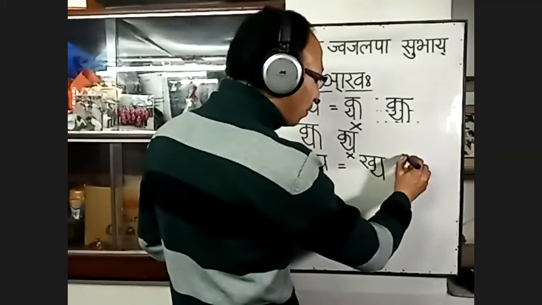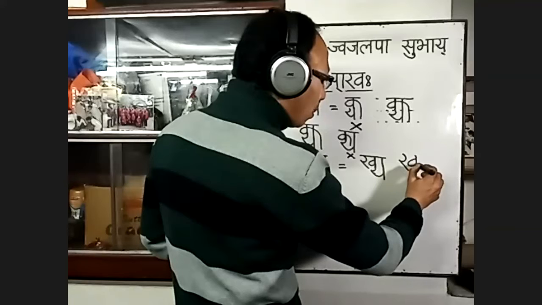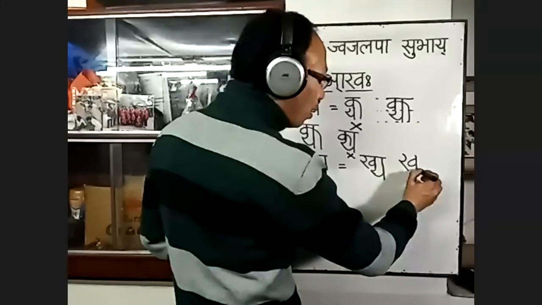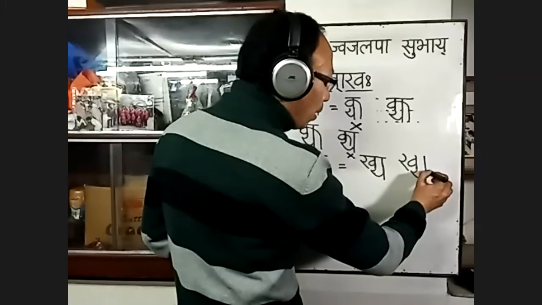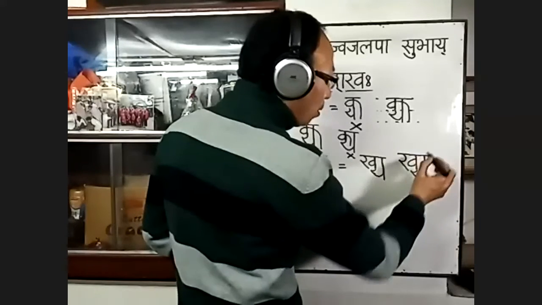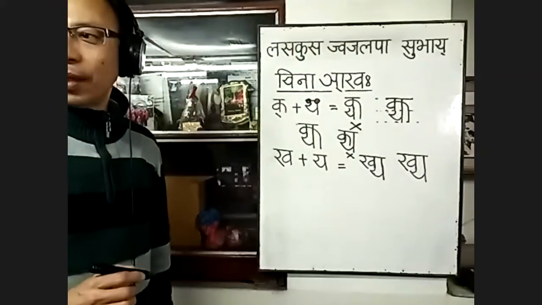Anything? The mutupa of kha is here. So from here, you draw this and bring it down. And this is kya.